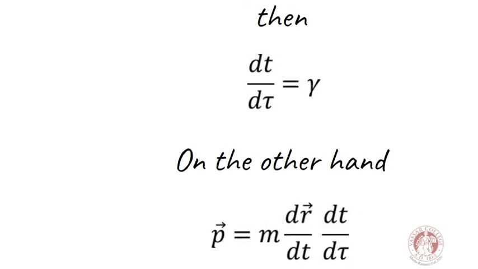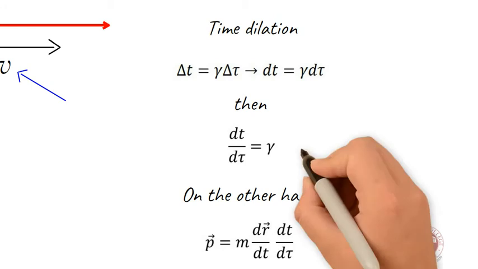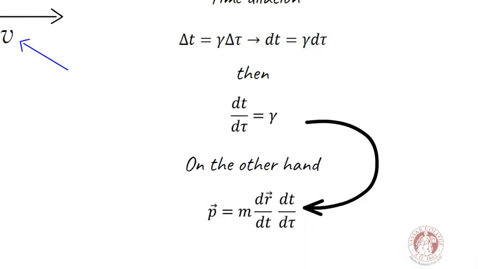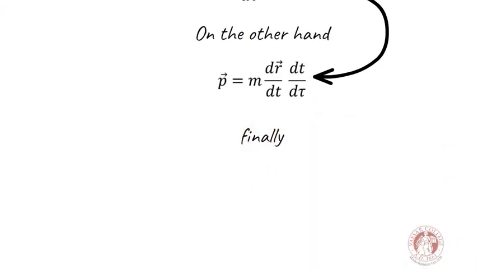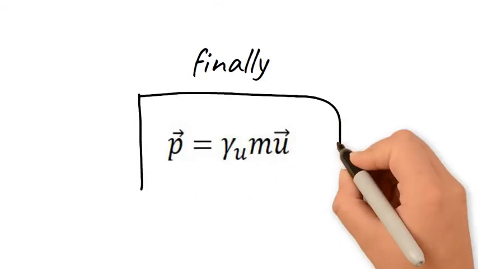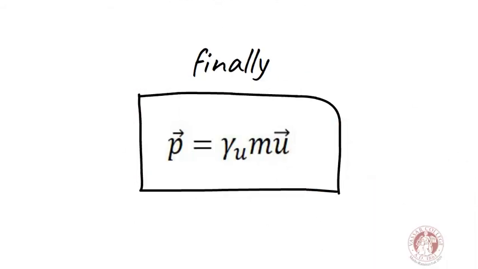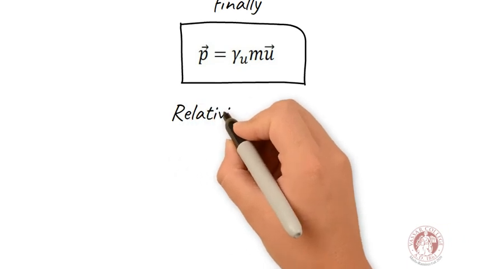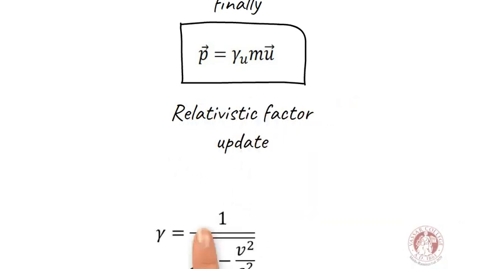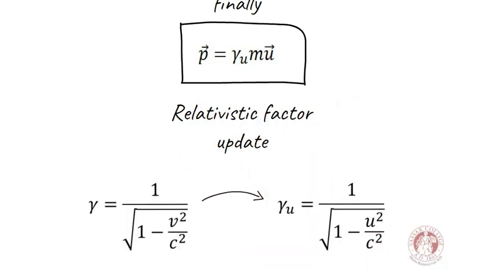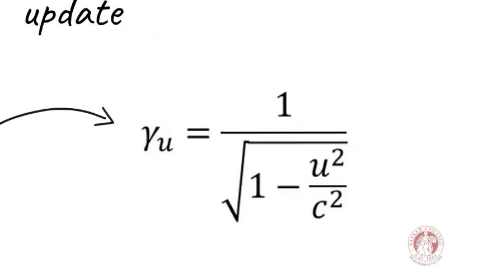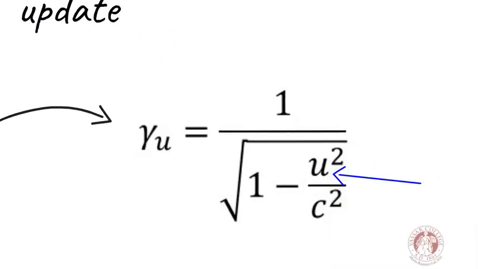If we insert the previous step into the classical definition of the momentum, we finally get the relativistic form of the momentum, as mentioned above, to satisfy the Lorentz transformations. As stated before, we have to remember that the relativistic factor is defined in terms of the speed of the particle, meaning the following. Note how we have used the subscript u to avoid confusion when using the relativistic factor.